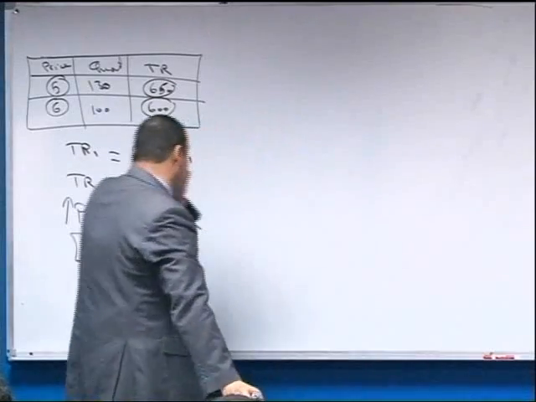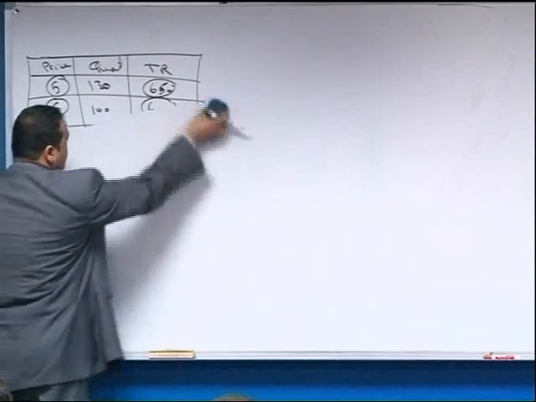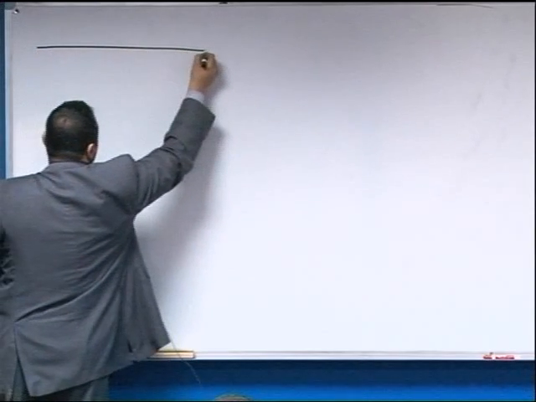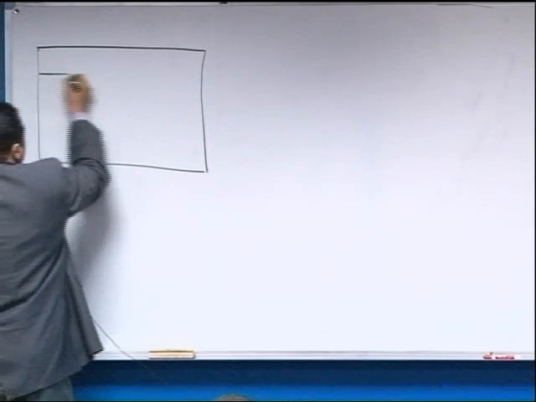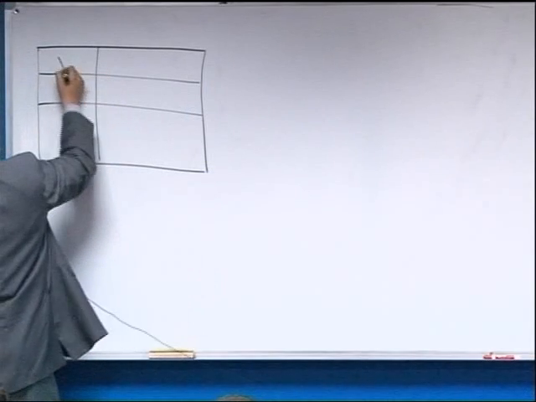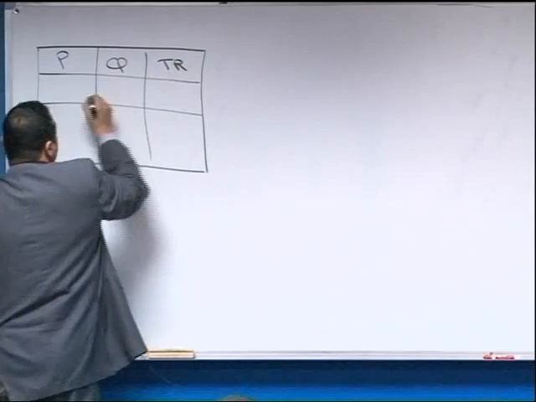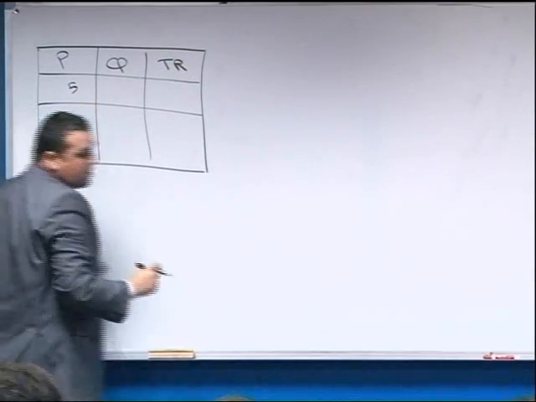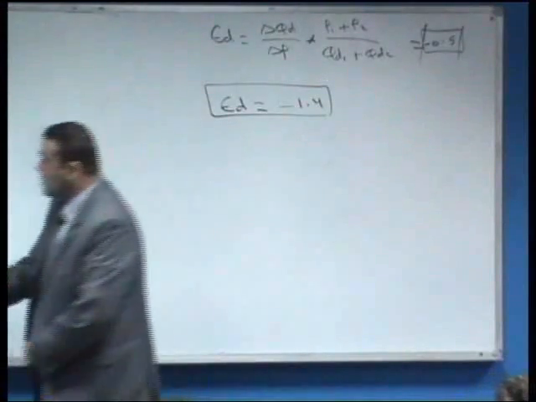The last example. Prices, quantities, and total revenue. P, Q, total revenue. 5, 6, 120, 100.